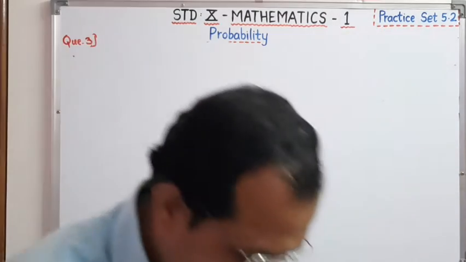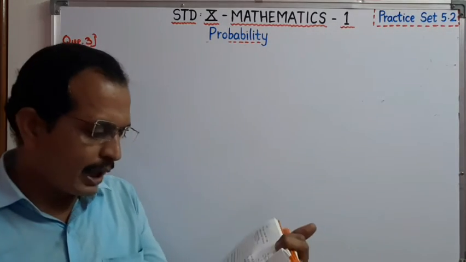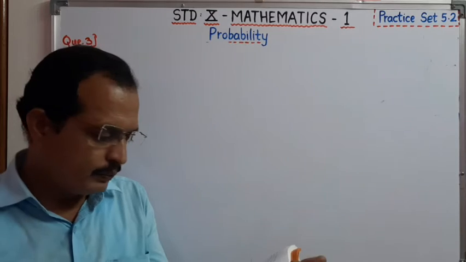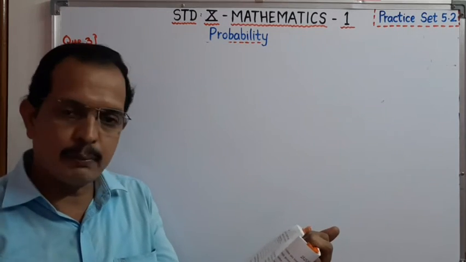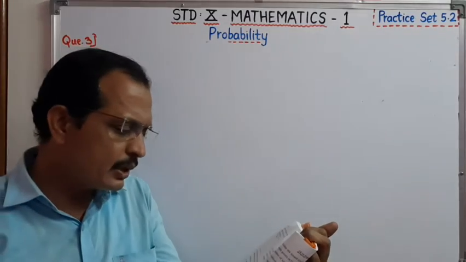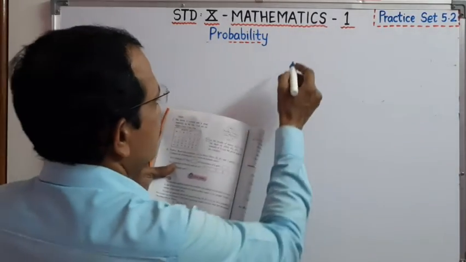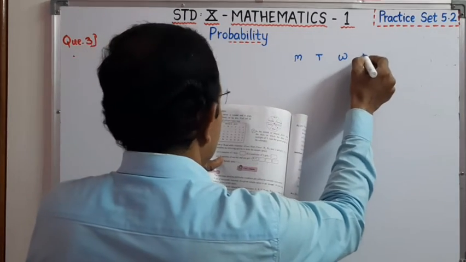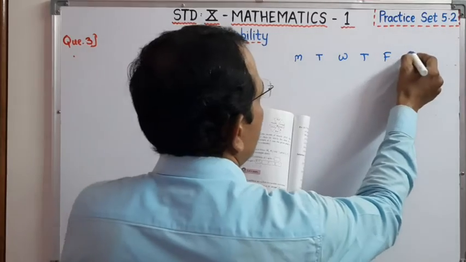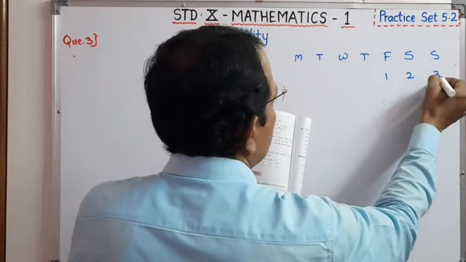See, this is also interesting. In the month of March 2019, find the day on which the date is a multiple of 5. See the given page of the calendar. Page of calendar is given. Here it is Monday, Tuesday, Wednesday, Thursday, Friday, Saturday, and Sunday. 1, 2, 3.